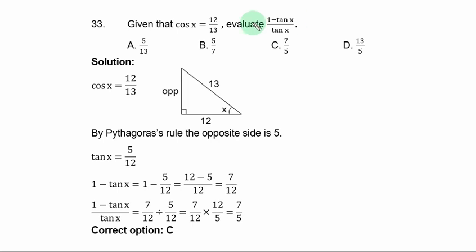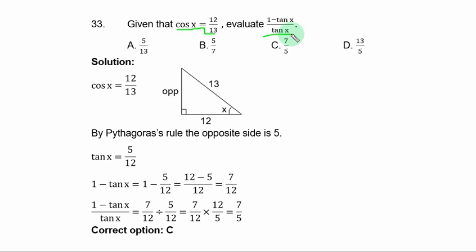Question 33. Given that cos S is equal to 12 over 13, evaluate (1 minus tan S) over tan S. Solution. Tan S, or tangent of an angle, is defined as the ratio of opposite to adjacent, while cosine is the ratio of adjacent to hypotenuse, meaning in order to evaluate tangent, the opposite is needed.